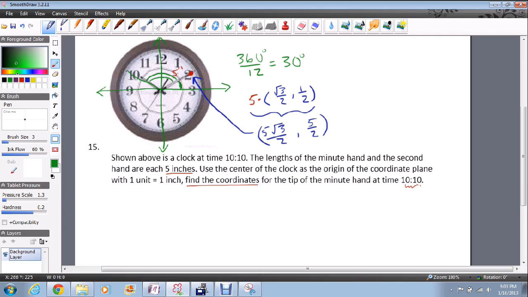Okay. Well, we already got done saying that each movement of one of these hands or arms is going to create a 30-degree angle. So if we just rotate through this angle, it's pretty easy. If we rotate from 2 to 1, that's 30. Another 30, 60, 90, 120.